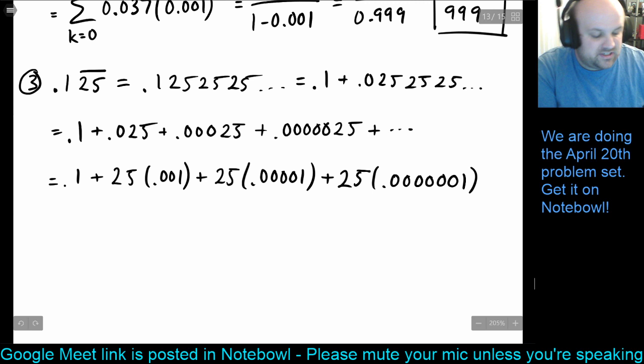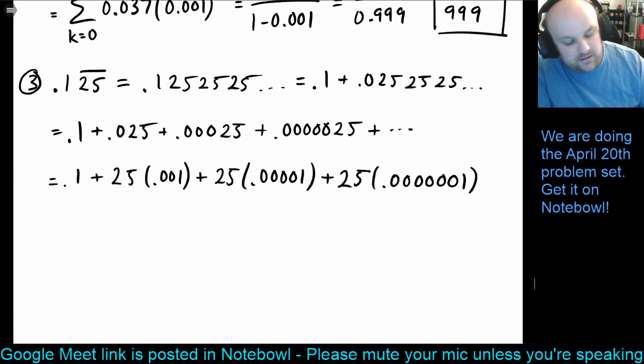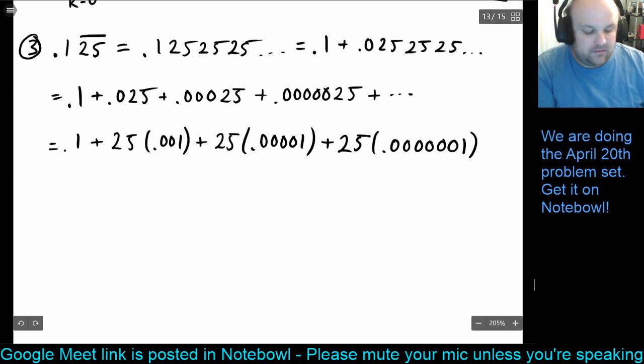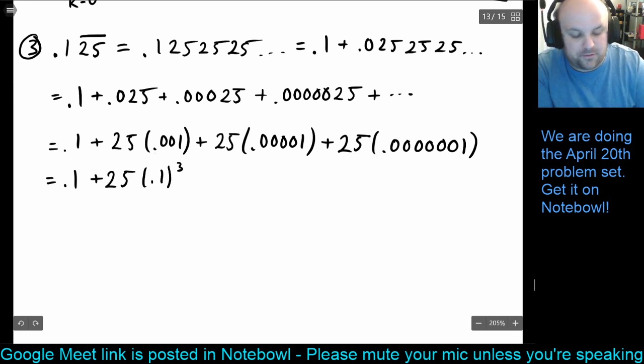To get what this decimal should be, you count how many decimal places you have here and then write this thing with exactly the same number of decimal places. This one I find easier to do by saying, all right, 0.001 is 0.1 to the third.